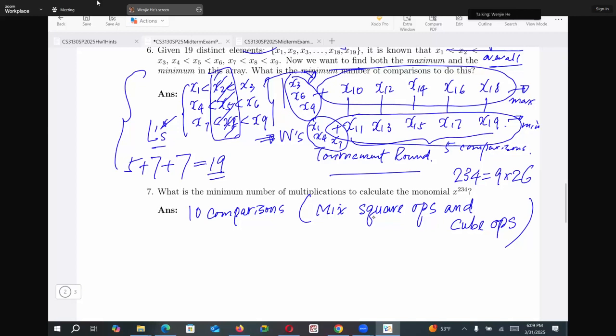Why does this 9 tell you some important information? 9 equals 3 squared, right? 3 is somewhat related to cube, a multiple of 3 is related to cube. But here, it's 3 squared.